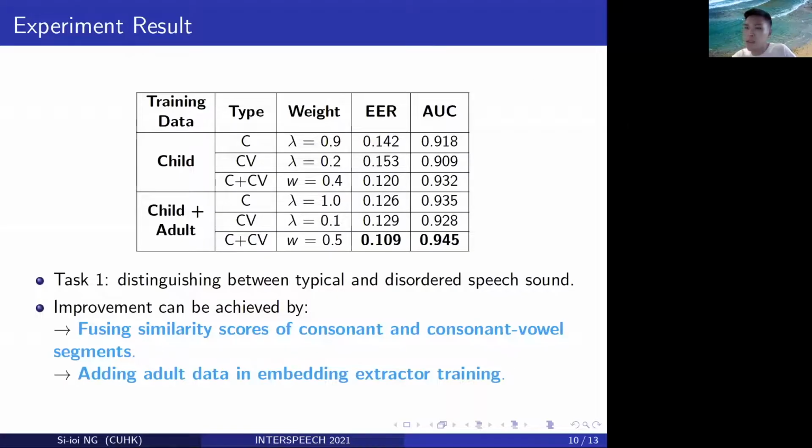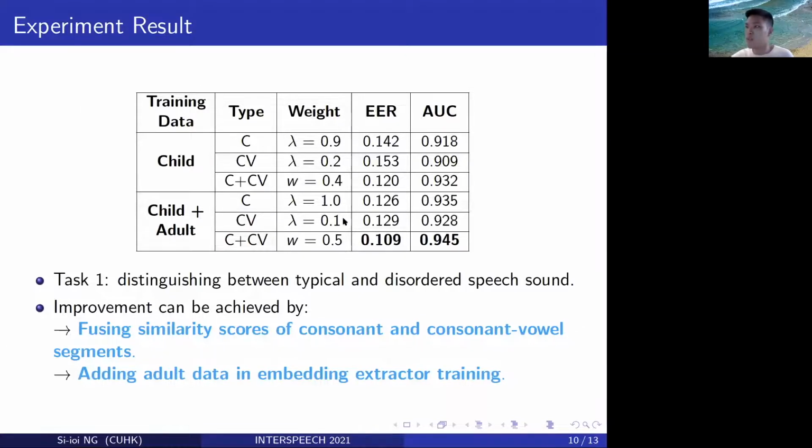Here are the experiment results. In the first task, we evaluate the detection systems on distinguishing between typical and disordered speech sounds. From the table, we can see the improvement can be achieved by either adding adult data in the training of the embedding extractor or fusing the similarity scores of consonant and consonant-vowel segments.